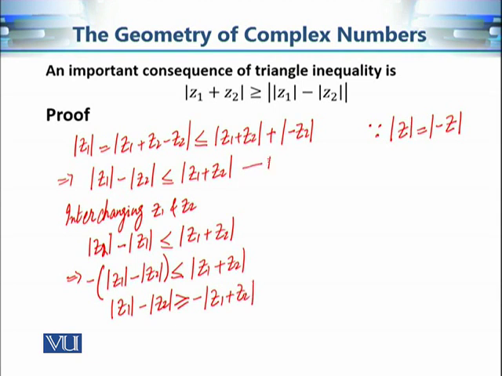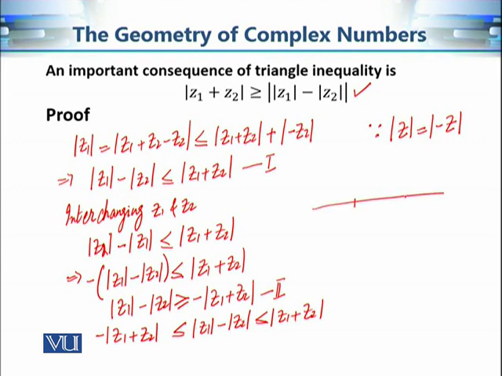Now using inequality 1 and inequality 2, we can observe that |Z1| minus |Z2| is less than or equal to modulus of Z1 plus Z2 and is greater than or equal to minus modulus of Z1 plus Z2.